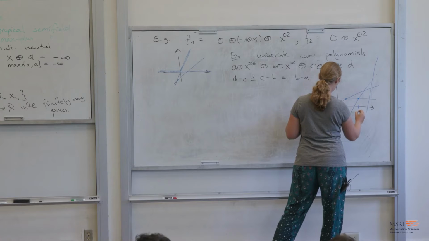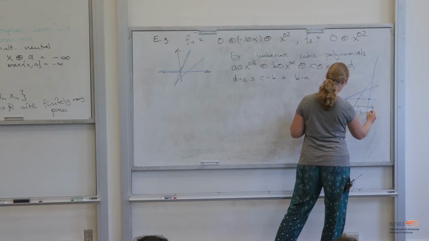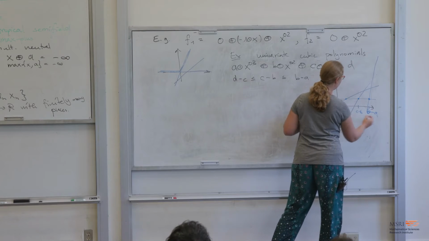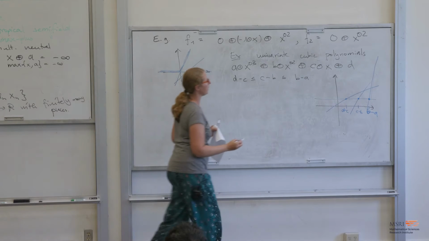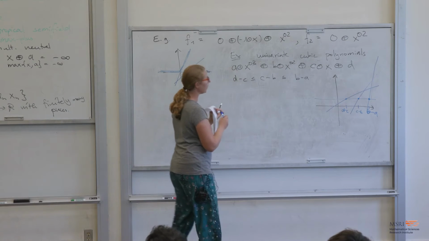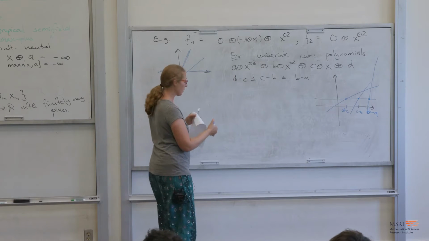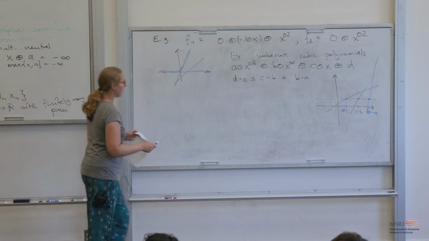This is at c minus b. And this is at b minus a. Requiring this inequality makes sure that all four pieces are visible. All four pieces actually contribute to this piecewise linear function, which is my cubic tropical polynomial.